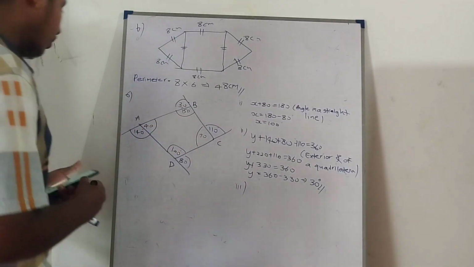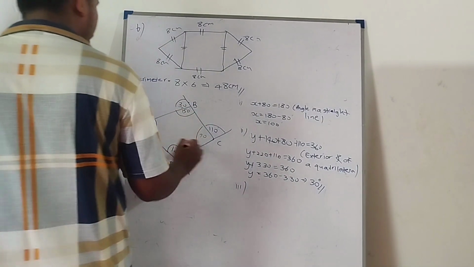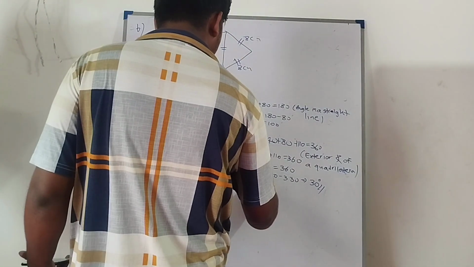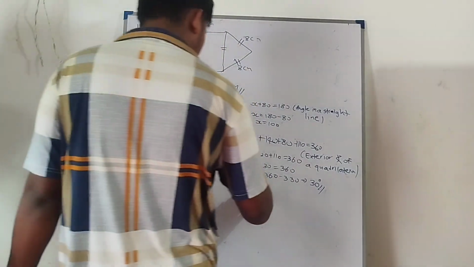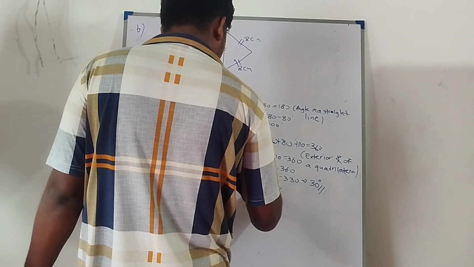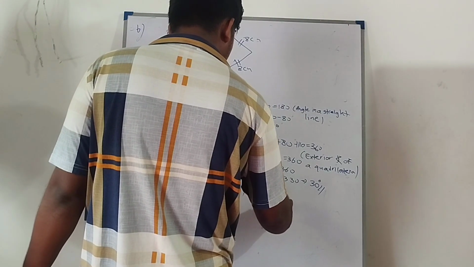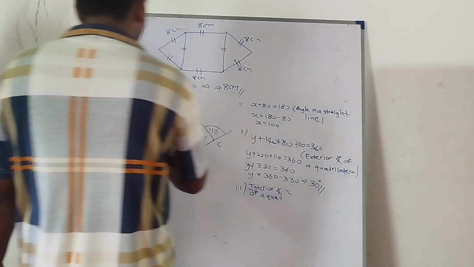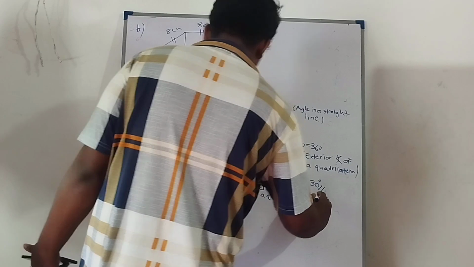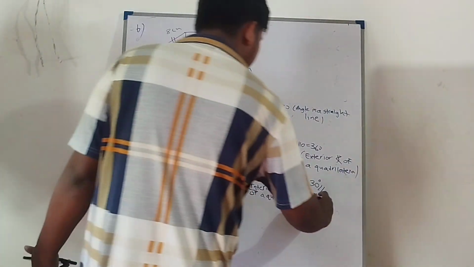Okay. Now let's add all the 4 interior angles of the quadrilateral. So the interior angles of a quadrilateral is equal to 150 plus 40 degrees plus 100 plus 70 degrees.